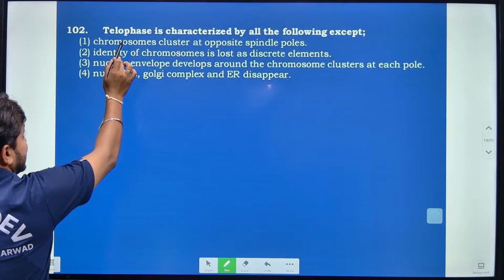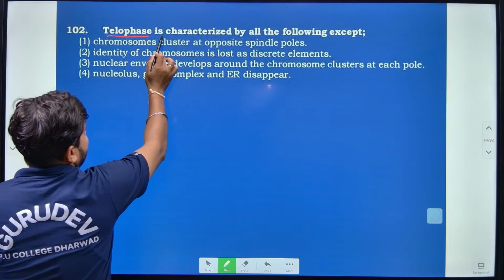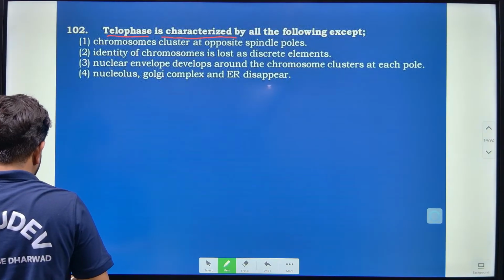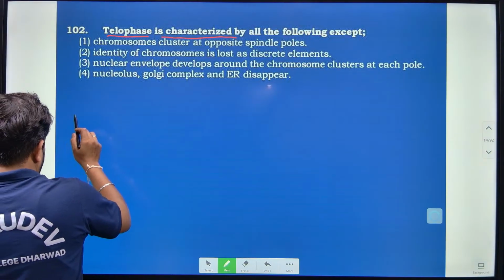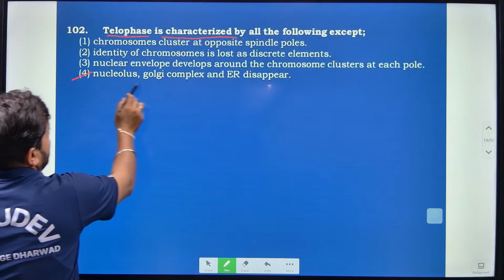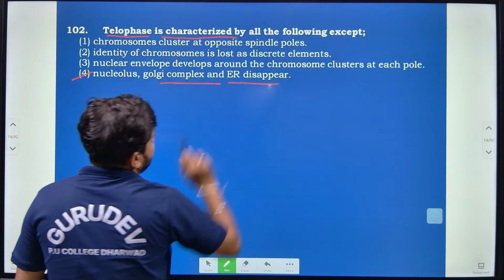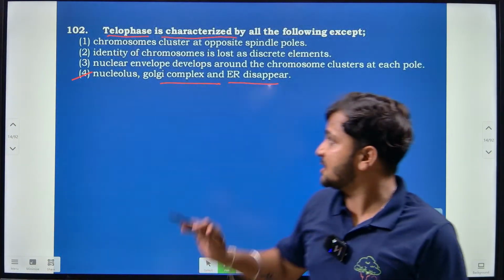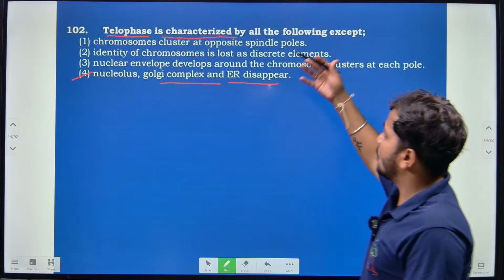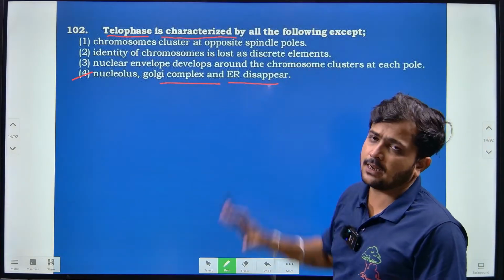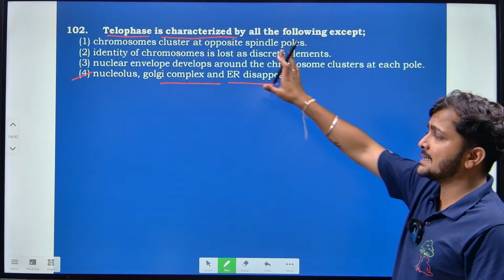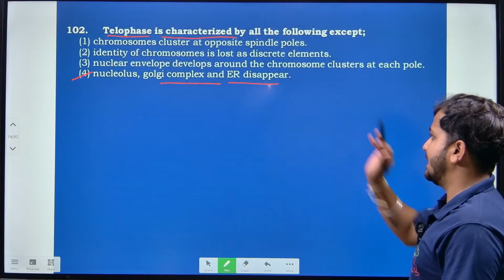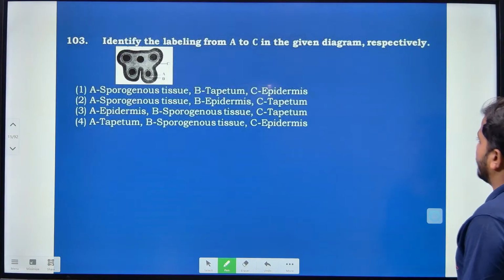So what they are asking here is the exception, that is the nucleolus, Golgi complex and endoplasmic reticulum disappearing. But at the stage of telophase, you are going to find these structures reappearing, because that is the completion of cell division. So the answer here is 4, right?